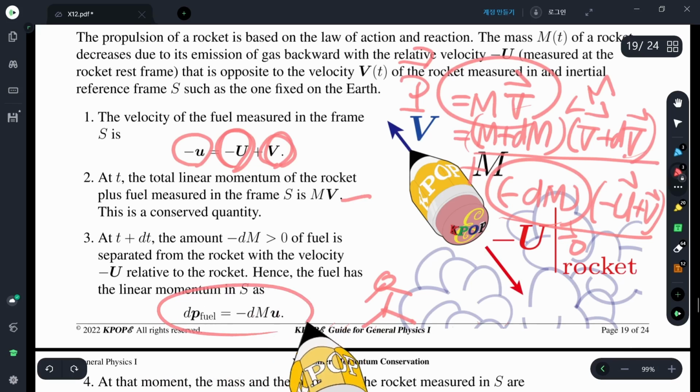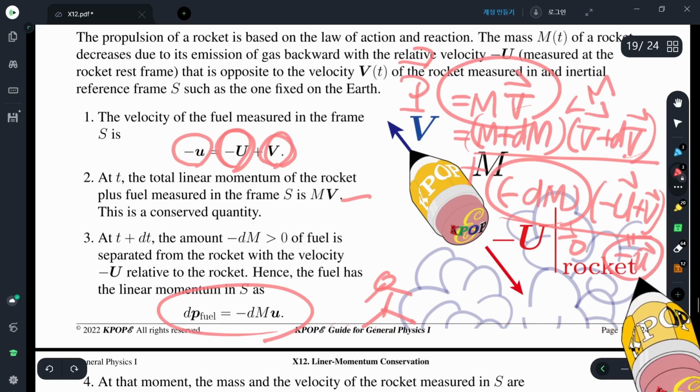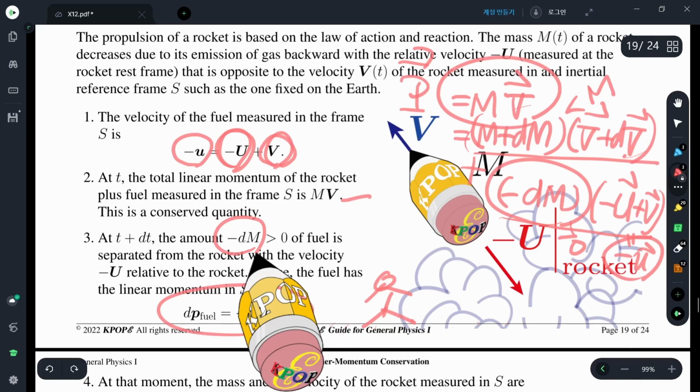So here it is. This is a minus a small u. And minus dm is positive.